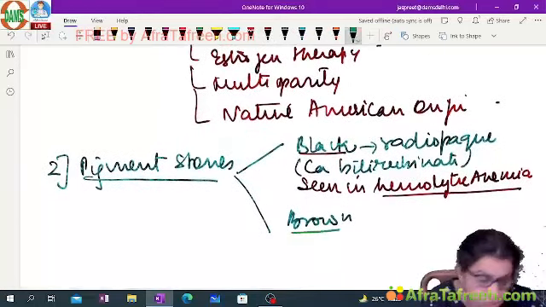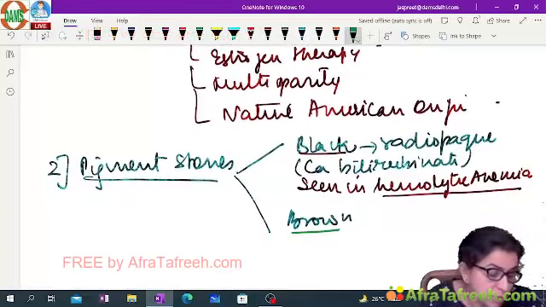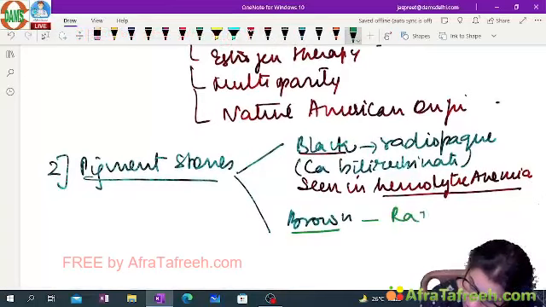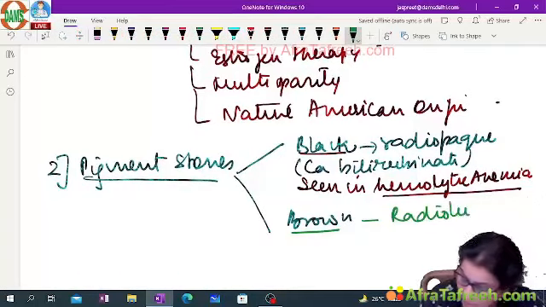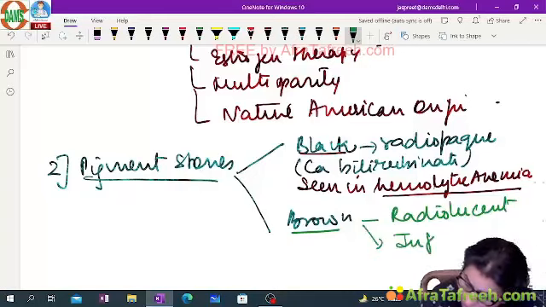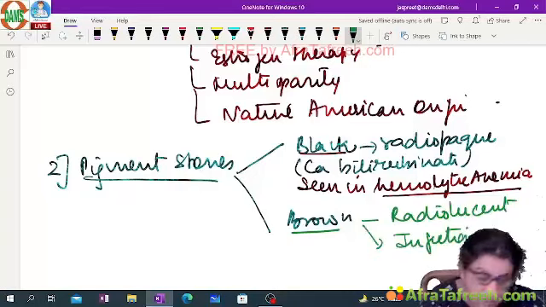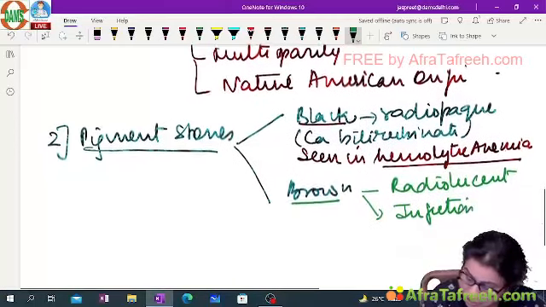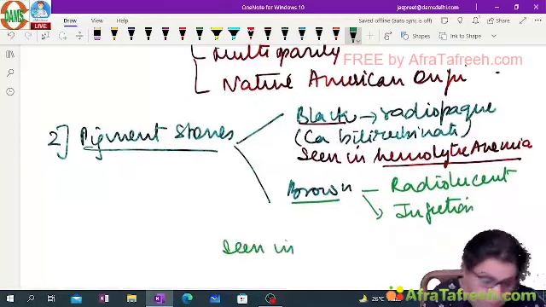Second is brown stones. Brown stones are radiolucent, and they are formed in the background of infection. They are associated with, again, Crohn's disease.